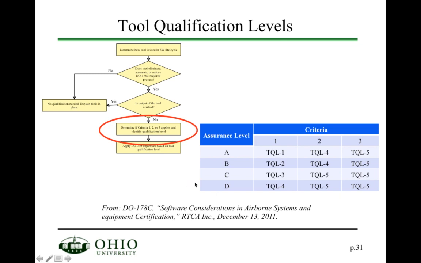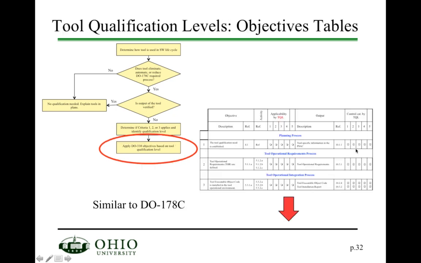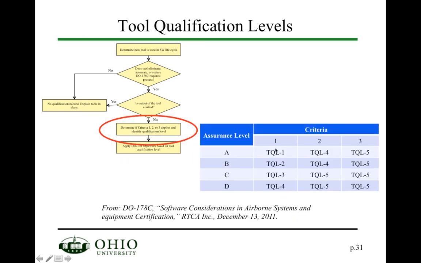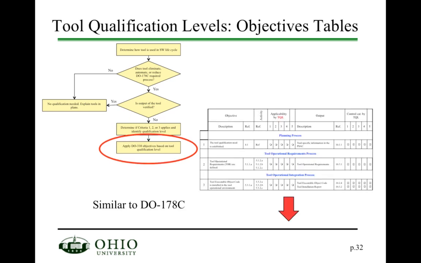Whereas if it's a level D piece of code and it's criterion 2, it is the least stringent tool qualification level. So you take your assurance level, check what criteria applies, and then find your tool qualification level, where 1 is the most stringent and 5 is the least stringent.